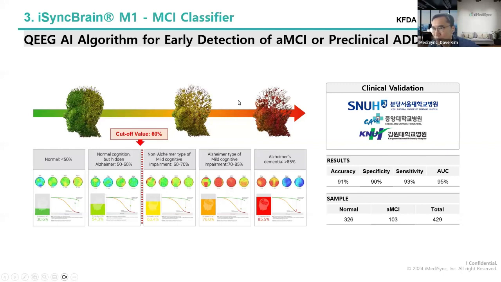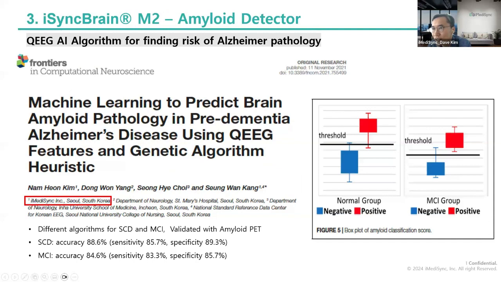This is the power of the biomarker, and using this MCI classifier, we can get the MCI possibility just after recording the data. When the client has over 60%, that means MCI.